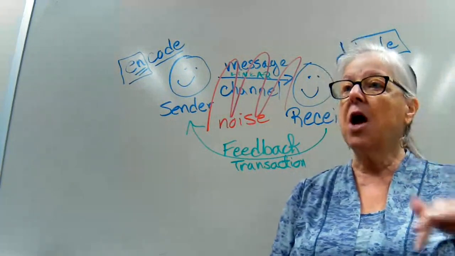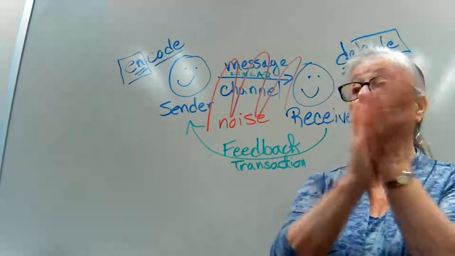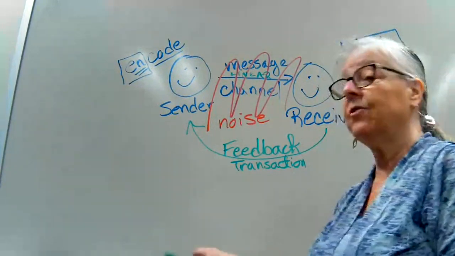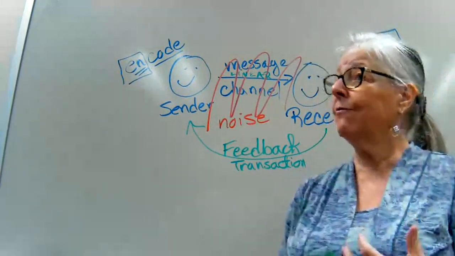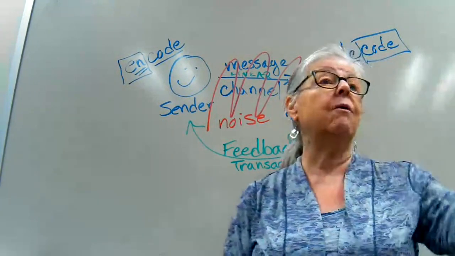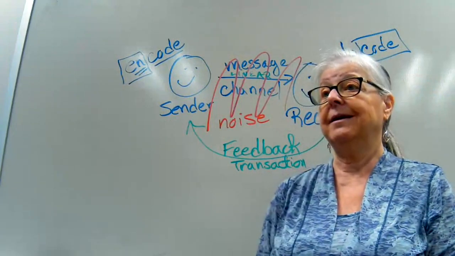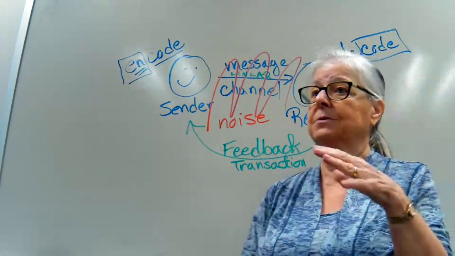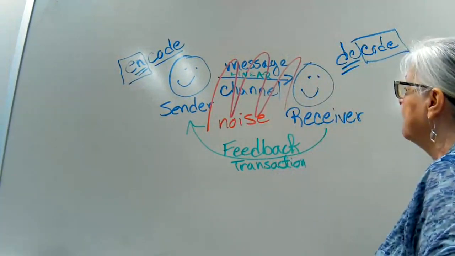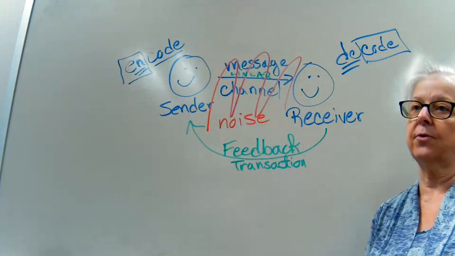Okay, that nonverbal or verbal feedback is important for public speaking because we feed off of how our audience is responding to what we're saying. All right, and we're going to talk about that because that's what we call the dialogical approach. Okay, so that's feedback and that's transmission, and that's a good thing.